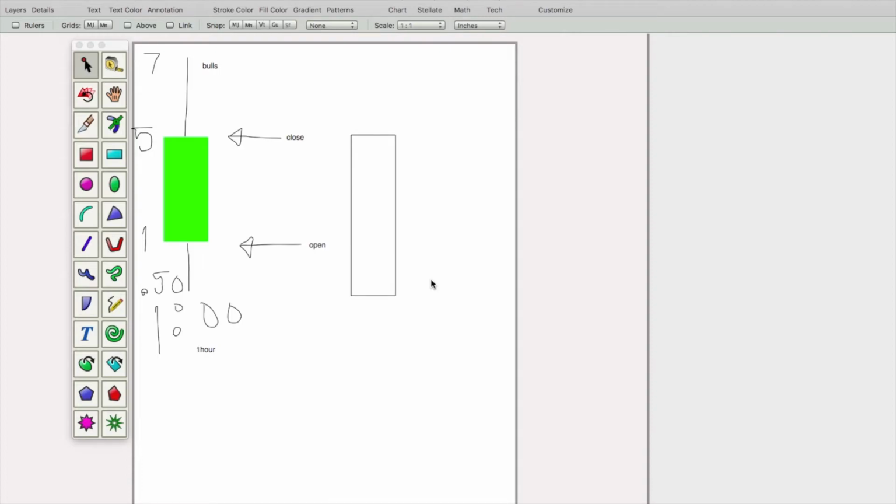And they come in all shapes and sizes depending on what happened during that hour. And any chart you're looking at, depending on the time frame, it will be in correlation to the candles, basically saying that each candle represents the amount of time you're looking at. So if it's a daily chart, each candle will resemble one whole day.